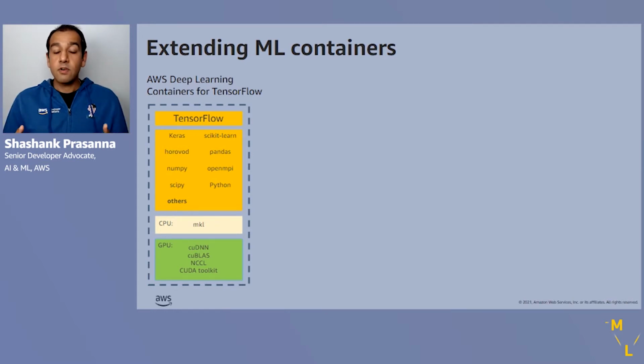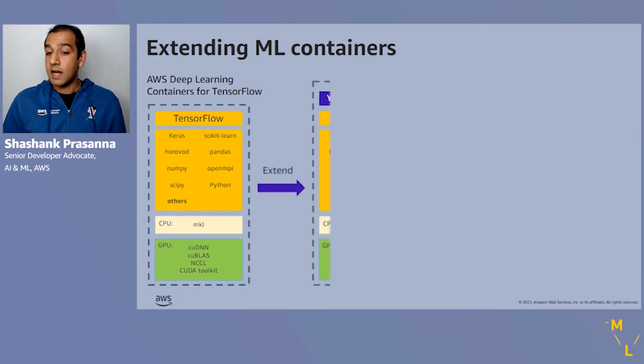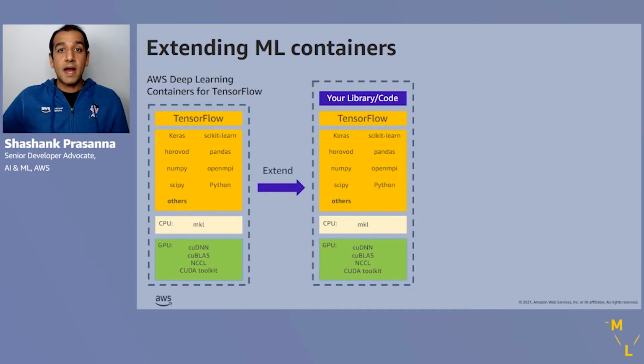And if you have your custom code or custom libraries that you want to use to build your custom environment, you can start with an optimized deep learning framework, such as this TensorFlow framework shown here. You can start with the AWS deep learning containers that have all the optimized libraries, and you can extend it by adding your own custom code on top of this.